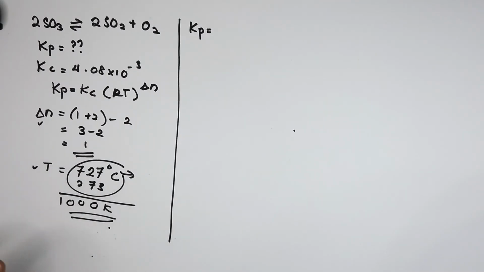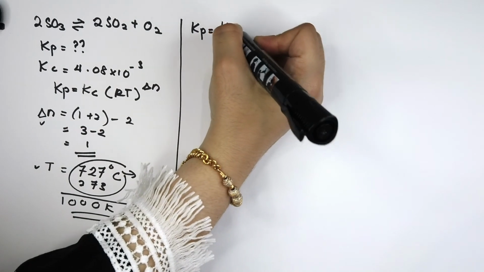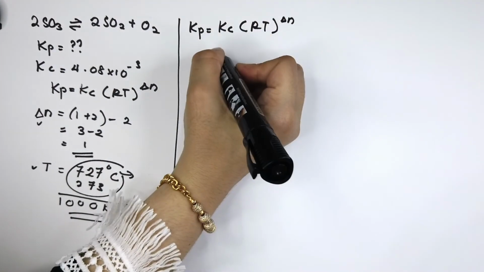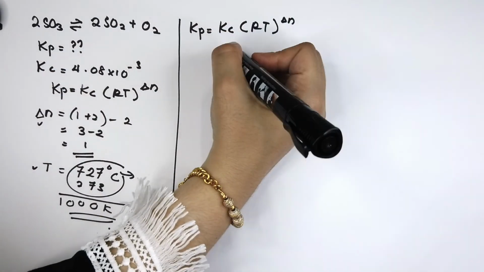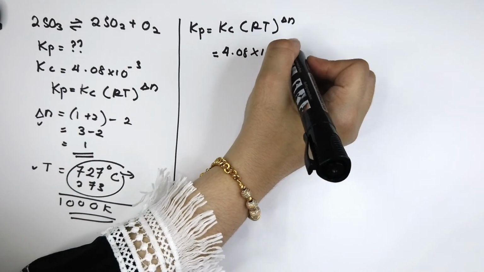We have managed to calculate the value of delta N and also the value of T. So now we can calculate the value of Kp, which is Kp equivalent to Kc RT to the power of delta N. Kc is given in the question, which is 4.08 times 10 to the power of negative 3.